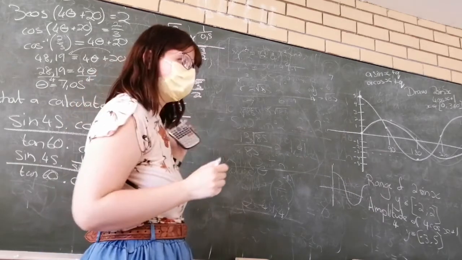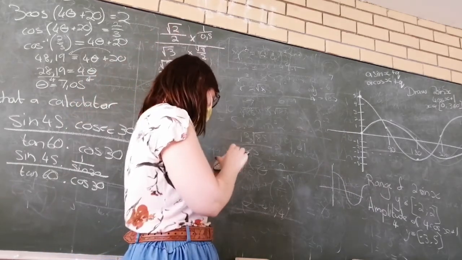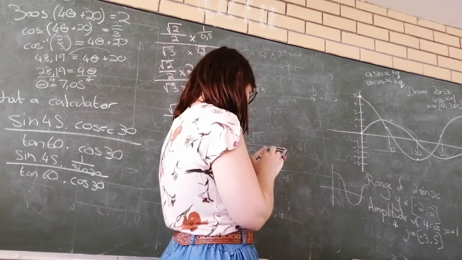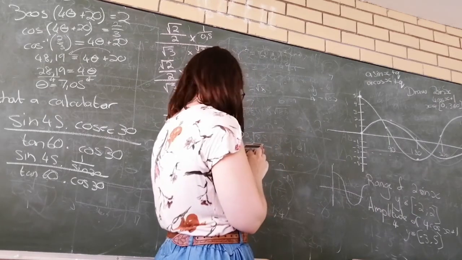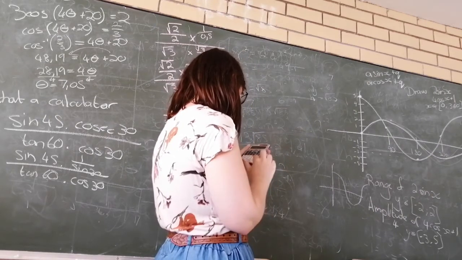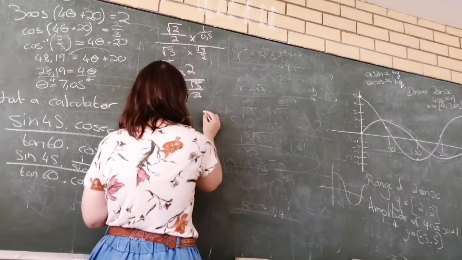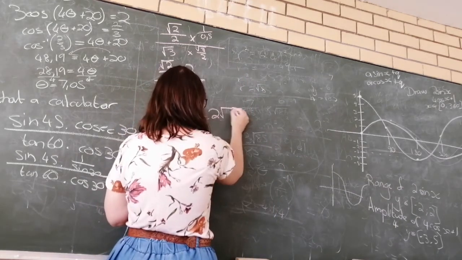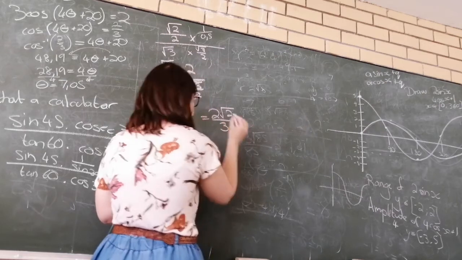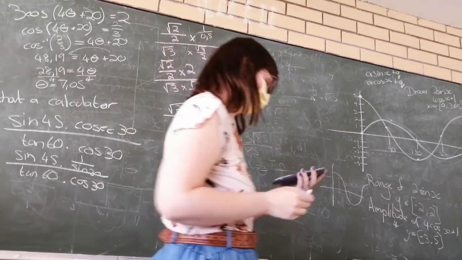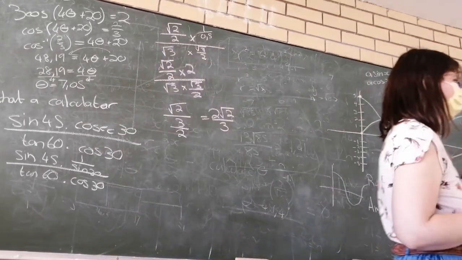Now you can plug this into your calculator. Root 2 over 3 over 2 gives me 2 root 2 over 3. That's how I did it.